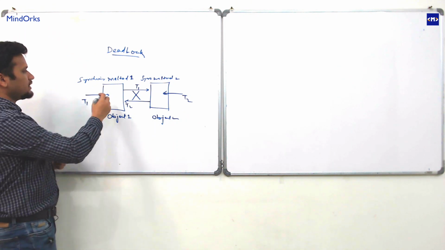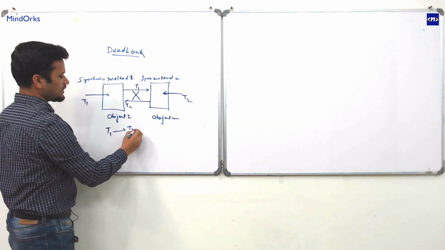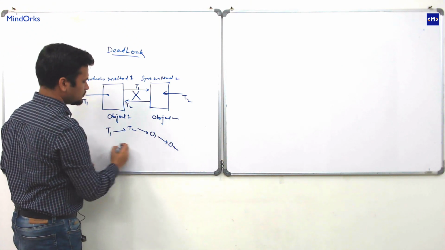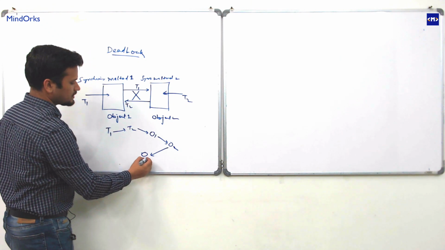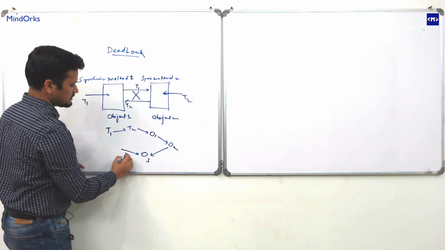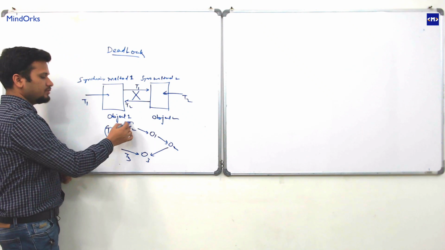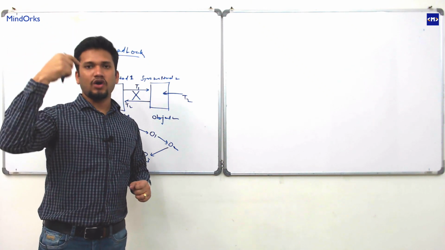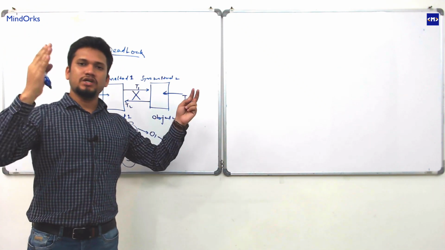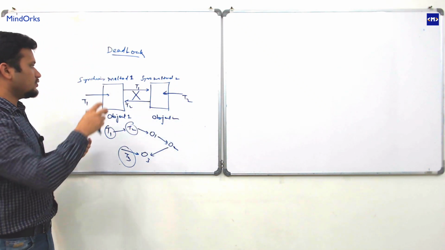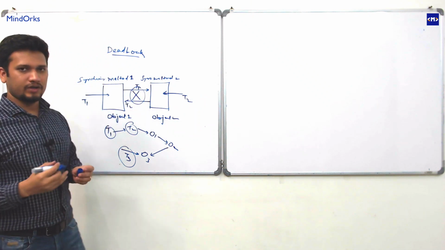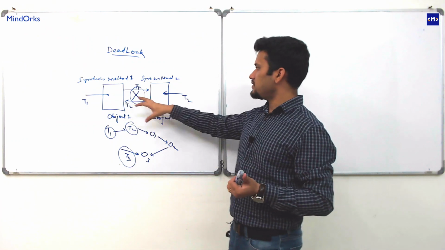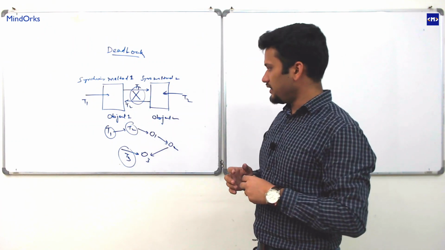For example, thread 1 can call thread 2, object 1 can call object 2, and this will call object 3, and there will be another thread T3. It will be a rigid chain, where one thing calls another, and finally two or more things will be waiting for some common resource. So deadlock is very difficult to debug, and this comes in your production very frequently.